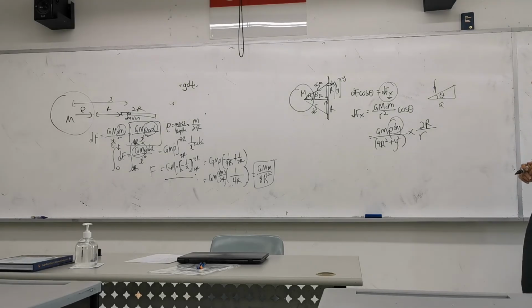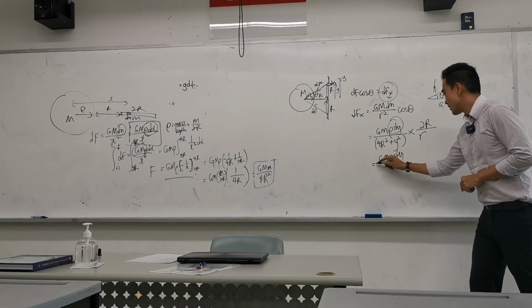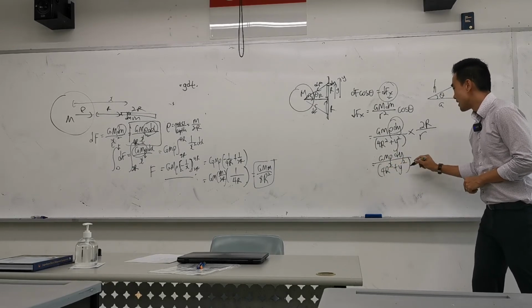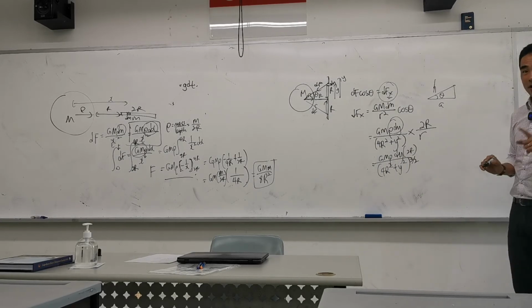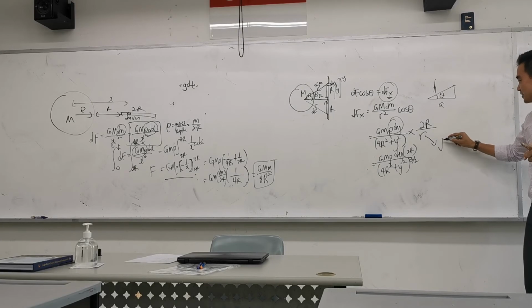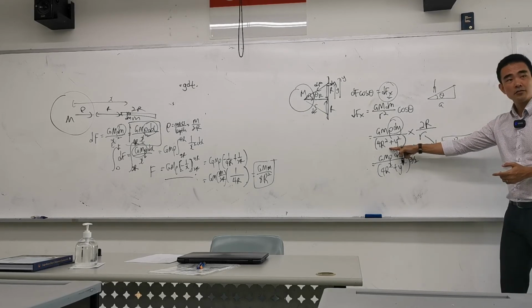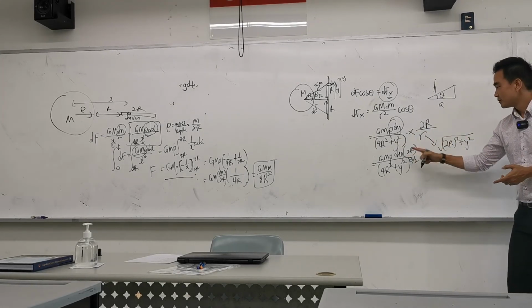Now this will be equal to GM rho dy over 4r squared plus y squared times this one. Why? Because do you agree that this is the square root of 2r squared plus y squared, which is actually this thing over here, just that this has a square root. So this times this will give you the power of 3 upon 2, and 2r is here. That's all.